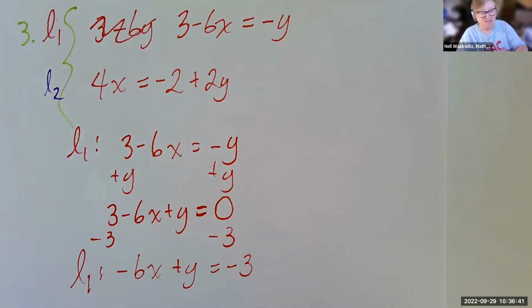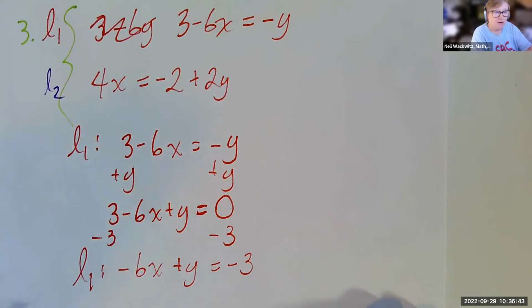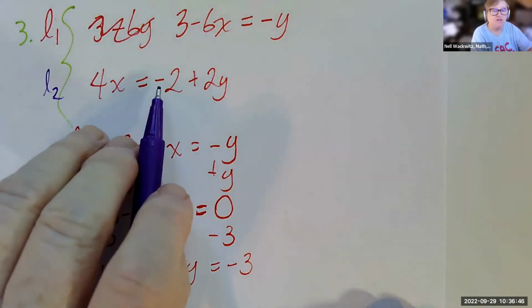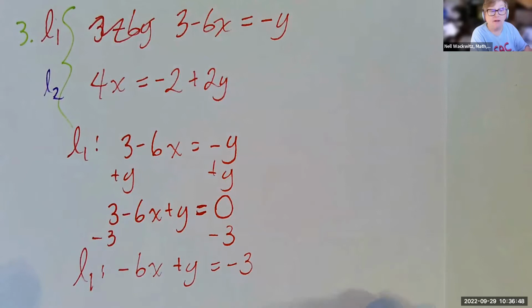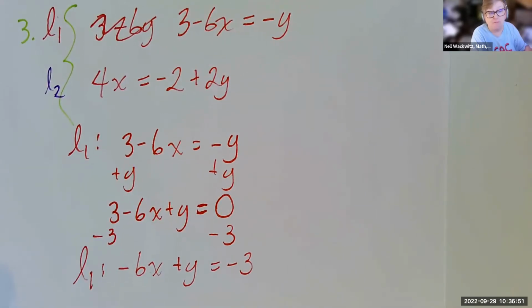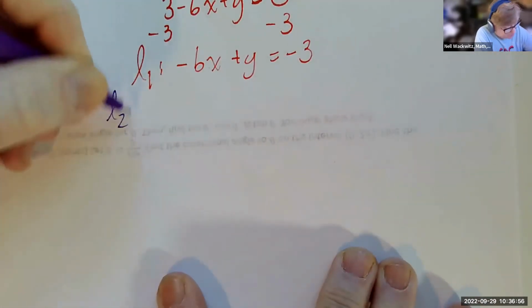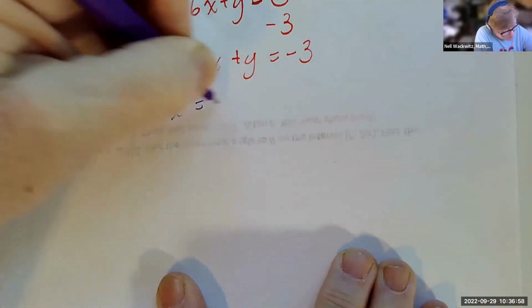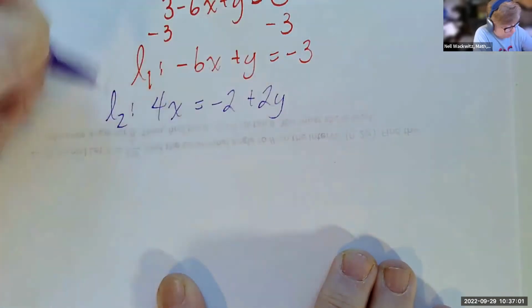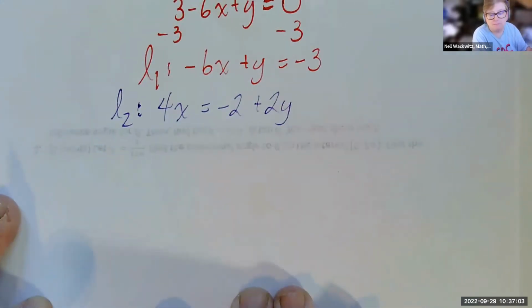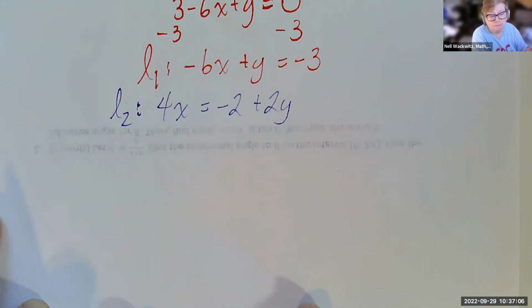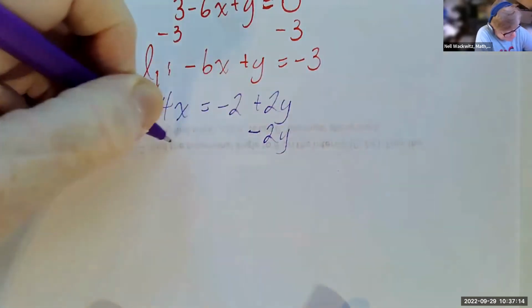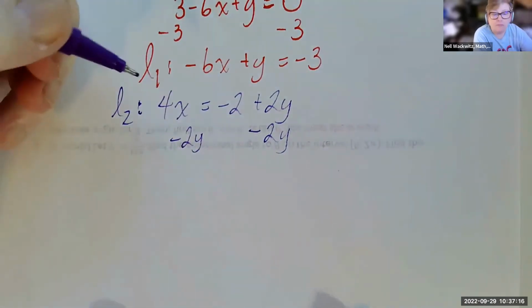Correct. And now let's write down line 2. Line 2 is 4x equals negative 2 plus 2y. Is line 2 already in standard form? No. All right, let's fix it. So we move over the 2y.